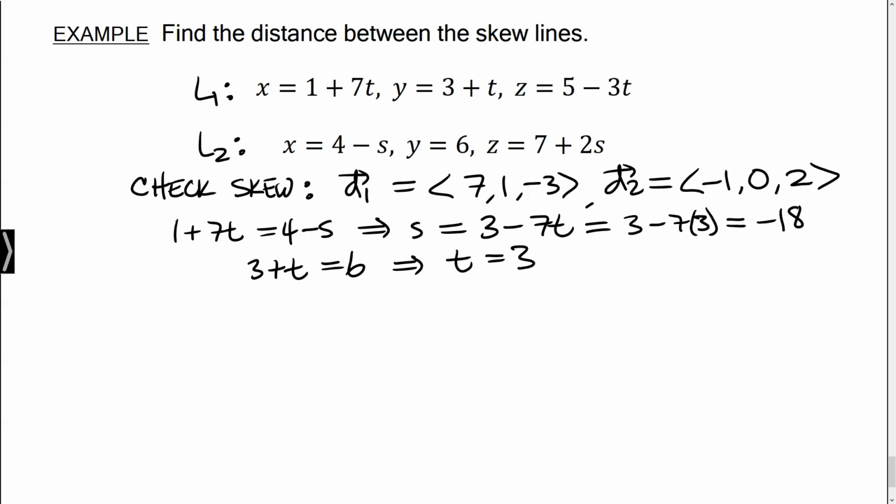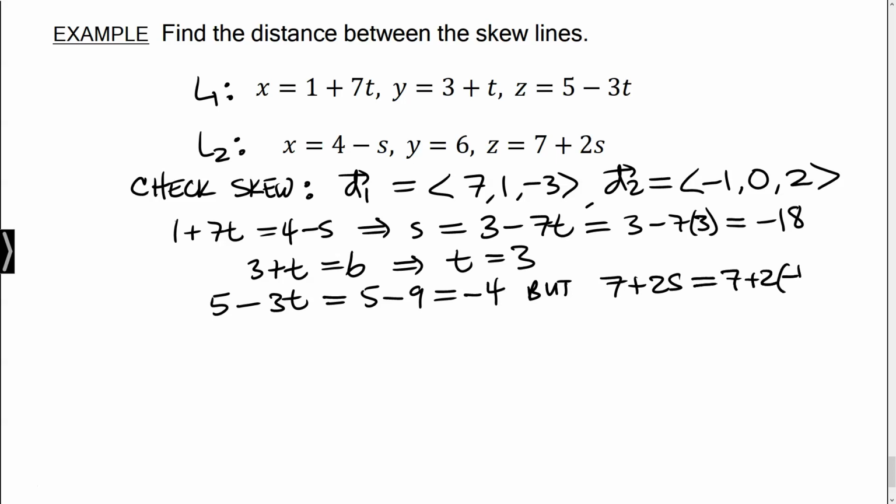So we'd have s as negative 18 and t is 3, but that's going to be inconsistent with z, because 5 minus 3t then would be 5 minus 9, negative 4, but 7 plus 2s is 7 plus 2 times negative 18. That's clearly not negative 4. So these are skew lines.